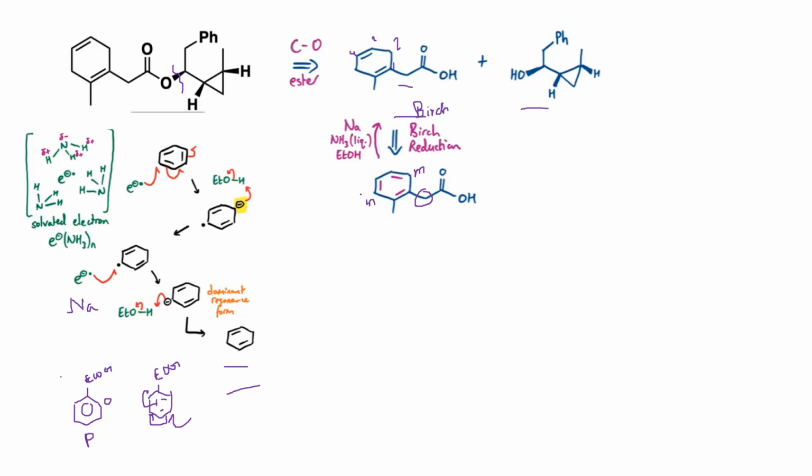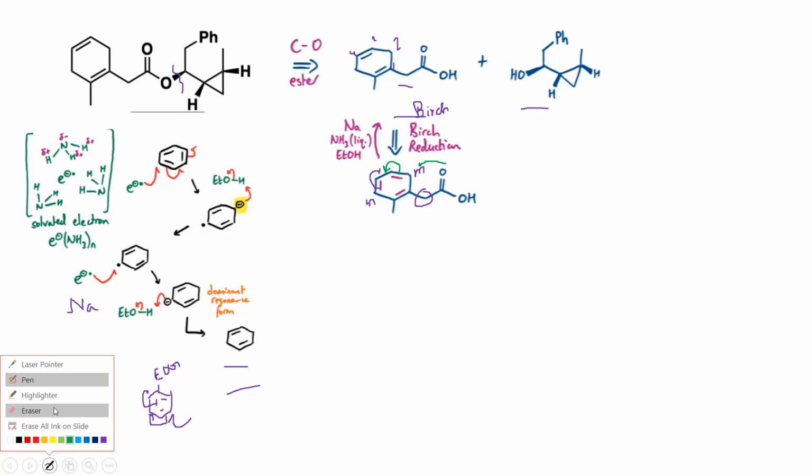So if the electron attacks at this position, the electron cloud will shift this way, and if the electron attacks at this position, the electron cloud will also shift this way. So whichever side you choose, you will get this 1,4-diene. So there will be a Birch reduction. Okay.